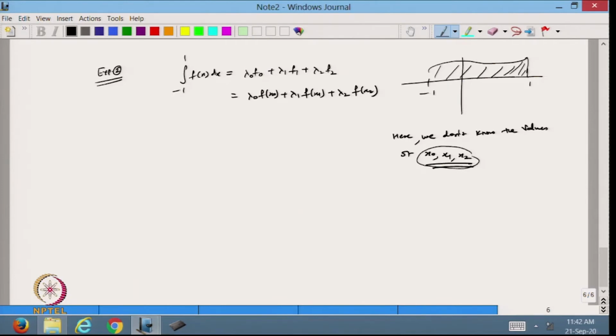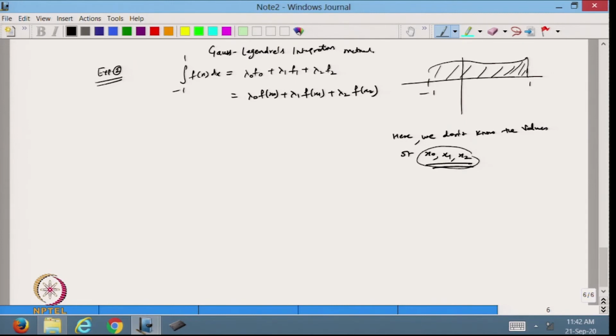So, that is why, this is an example of a Gauss Legendre's integration method.